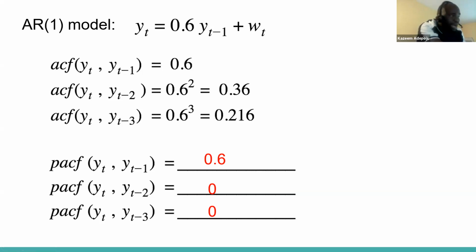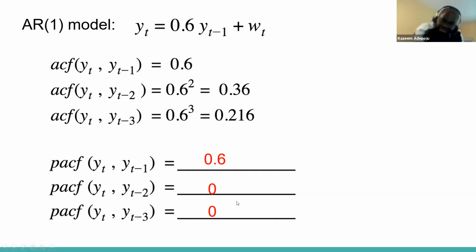And because there is nothing between the current and the immediate past, anything outside that is going to be equal to 0. That is the reason why you see that the PACF of yt minus 2, given the model here, is equal to 0, because yt minus 2 cannot be found in this model.